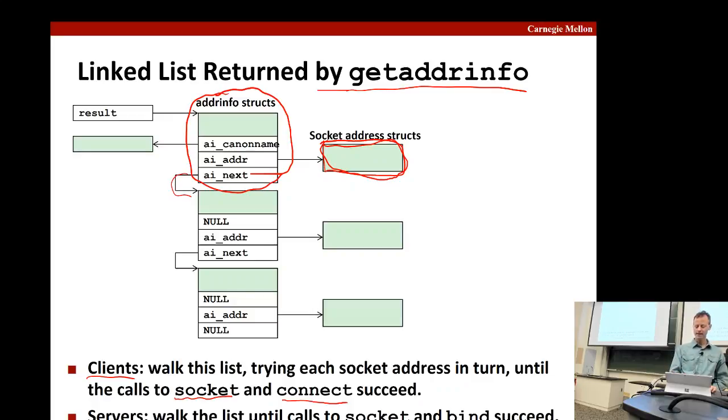Similarly, a server will do the same thing. After it calls getaddrinfo, it'll get one of these linked lists, and it can go one at a time until it finds one that succeeds in preparing for the connection. So the important thing to remember here is this linked list. We will get into these different socket, connect, and bind calls over the next few slides.